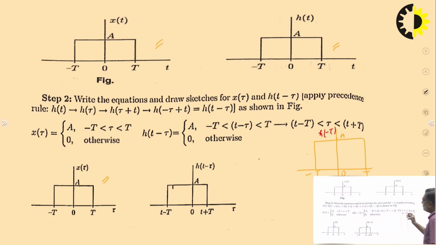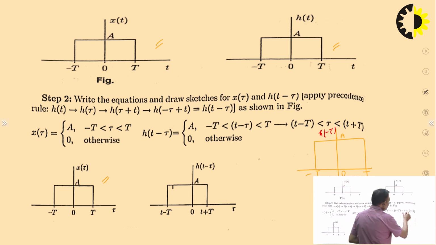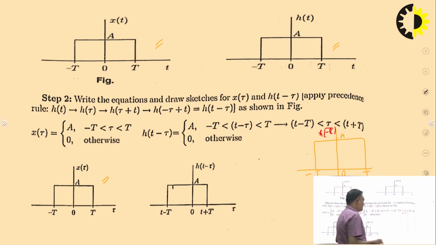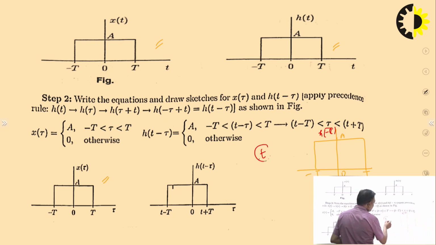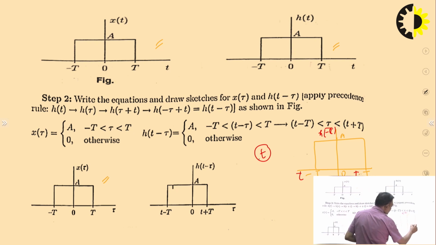Because the signal is already reflected, so plus t means shifting to the right. Depending on the value of t, the shifting parameter, this value will become t minus T and this value will become t plus T. We are adding small t on both sides.